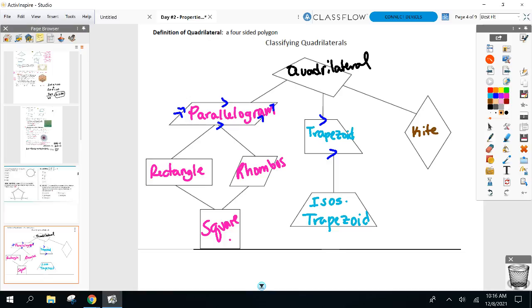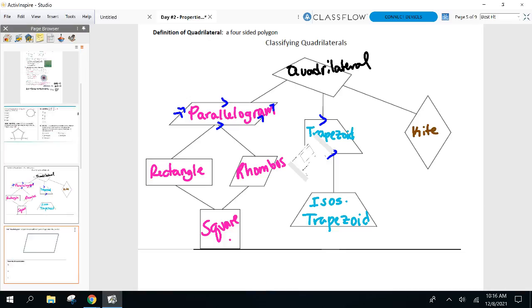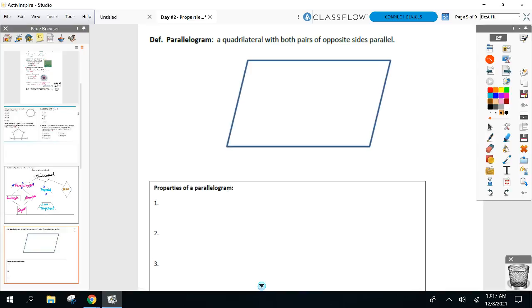So there's the quadrilateral family we'll study over the course of this unit. Today, tomorrow, Friday, we're spending it all on parallelogram. None of the rest of the family, just the parallelogram. So let's start here. What's so great about the parallelogram?